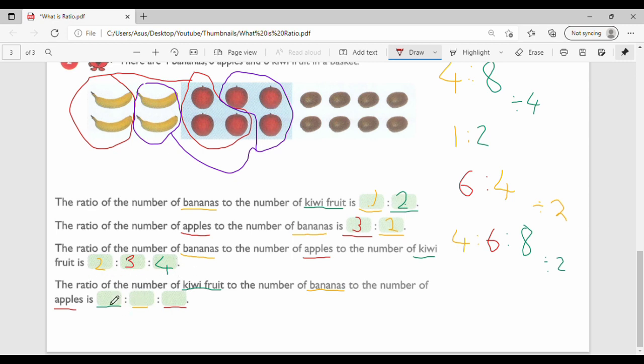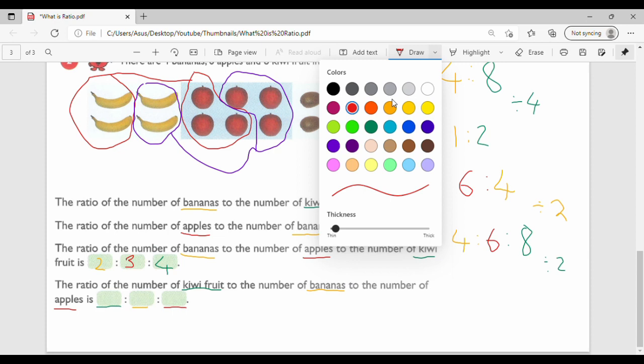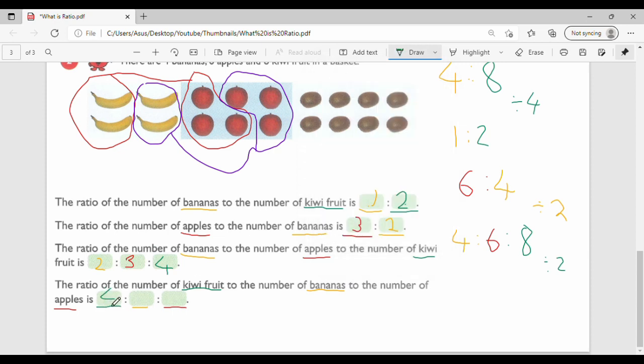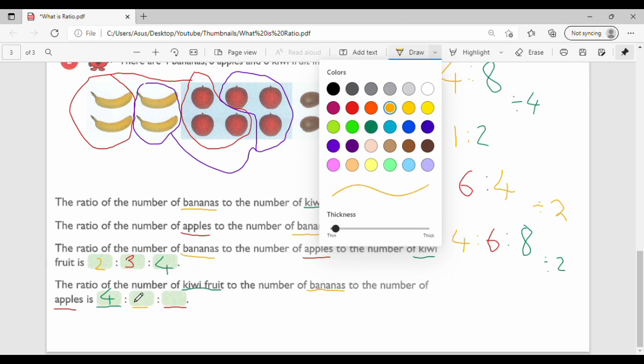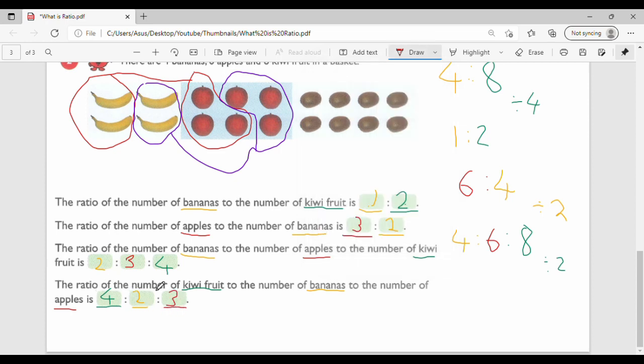The number for kiwi fruit is 4, bananas is 2, and apples is 3. So the ratio of kiwi fruit to bananas to apples is 4 to 2 to 3. Because the sentence is in a different order, the ratio is in a different order, so the sentence defines what order the numbers go in.